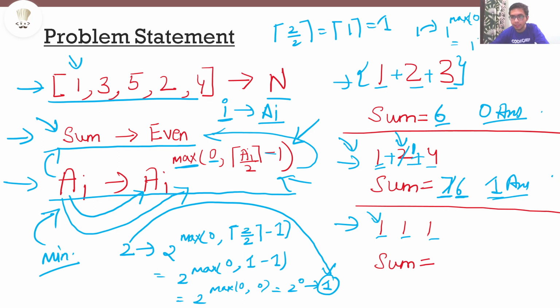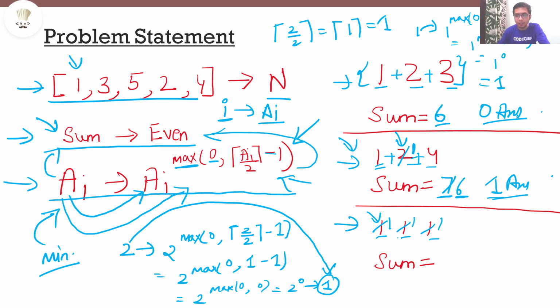So this is 1 raised to the power maximum of 0 comma, 1 upon 2 is 0.5 and ceiling of 0.5 is 1. So 1 minus 1, which is 0. So this is 1 raised to the power 0, which is nothing but 1. So if I perform an operation on this one, I'll get another 1. And similarly, if I perform an operation on these two ones, I'll get 1 and 1 respectively.